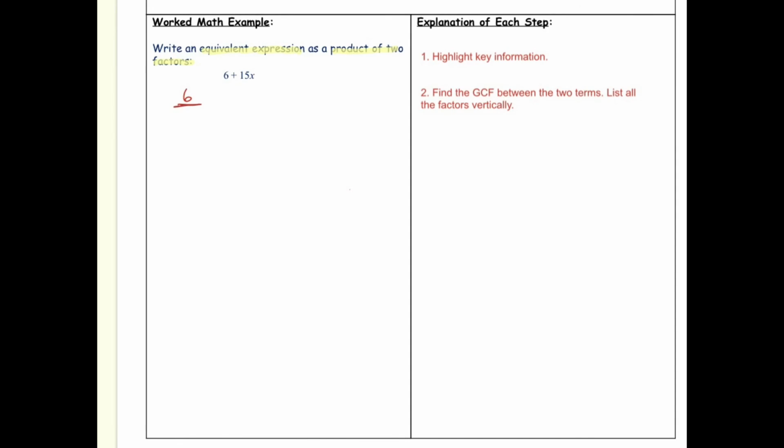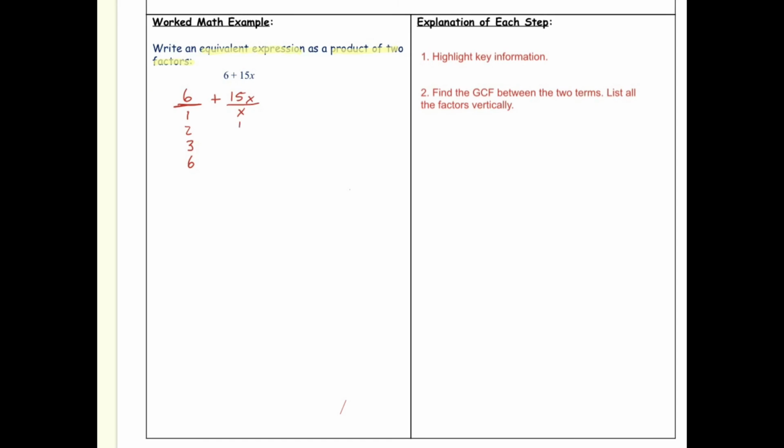All the factors of 6 are 1, 2, 3, and 6. Now I'm going to list all the factors of 15x. Now I'm going to start with my variable, which is x.